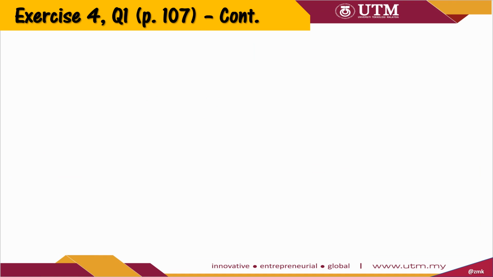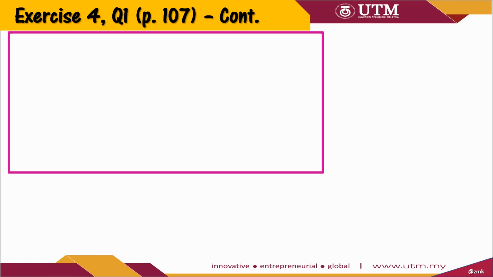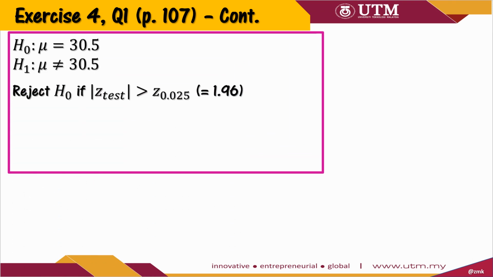Let us proceed with solving the question we discussed in the previous slide. We already knew the null hypothesis H0 and the alternative hypothesis H1, as well as the decision rule or the test criterion for this question.